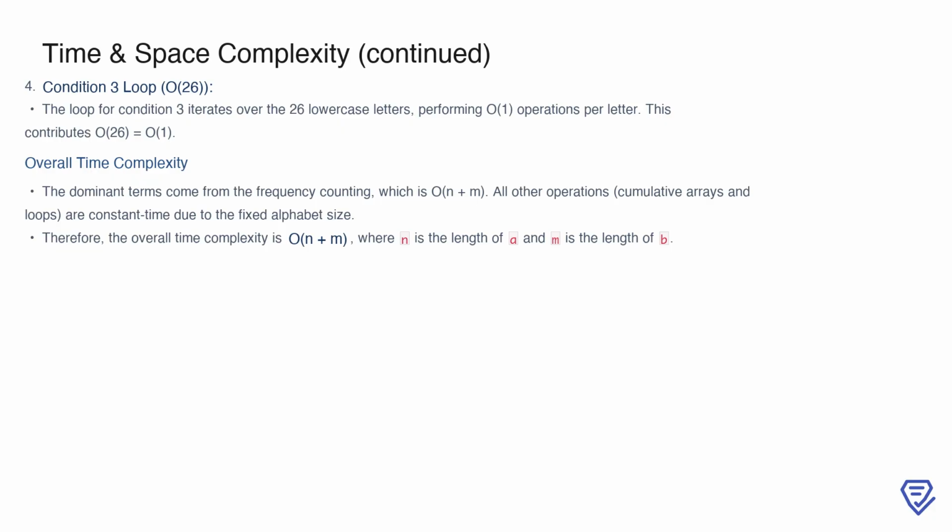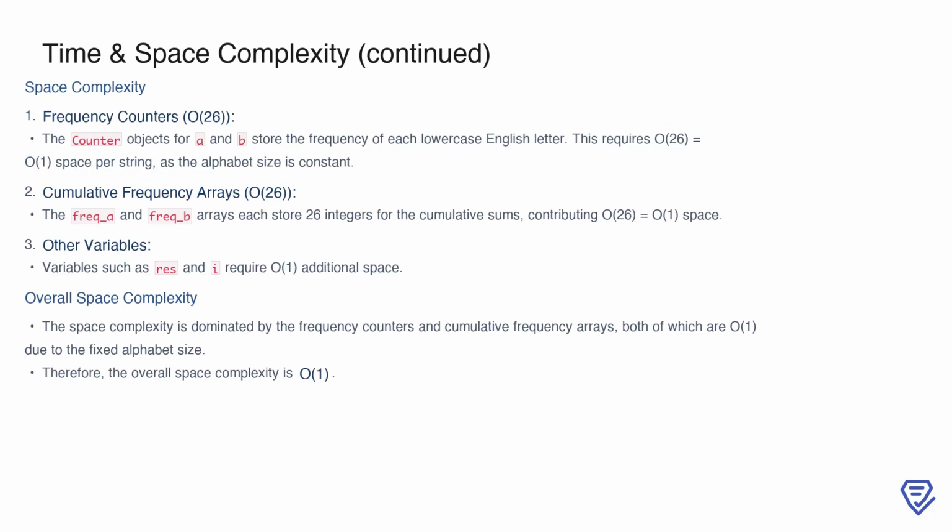of the input strings. Turning to the space complexity, we start with the frequency counters. The Counter objects for strings A and B store the frequency of each lowercase letter, which requires O(26) space per string. Since the alphabet size is constant, this simplifies to O(1). Similarly, the cumulative frequency arrays frequency_A and frequency_B store 26 integers each, contributing another O(26), or O(1), to the space complexity.